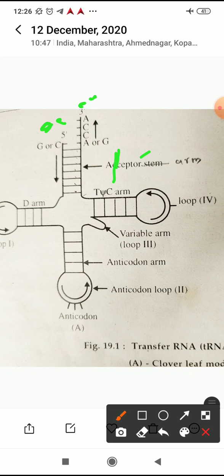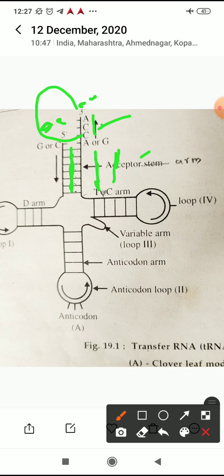Arm contains round about 7 pairs. See these nucleotide pairs, they are about 7 here. 3' chain ends with CCA. These 3 CCA base sequence. Amino acid actually binds to 3' terminal CCA sequence.